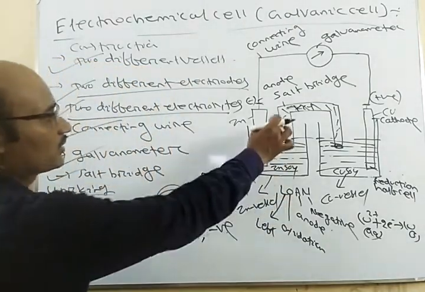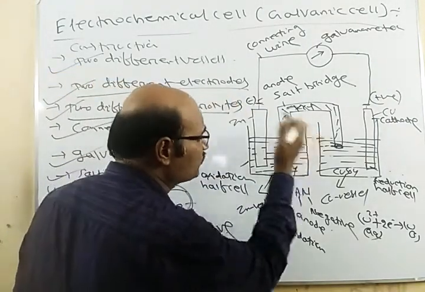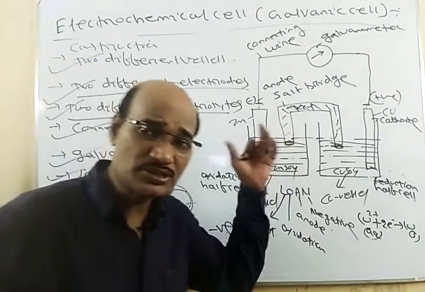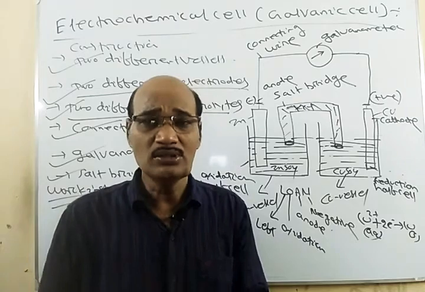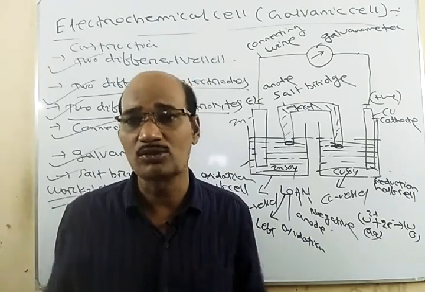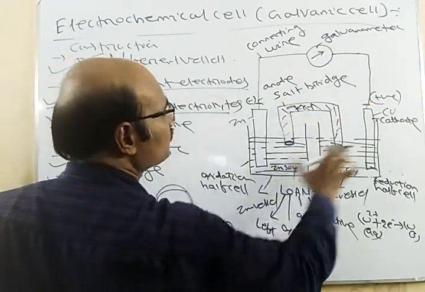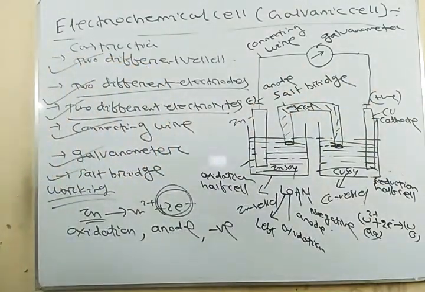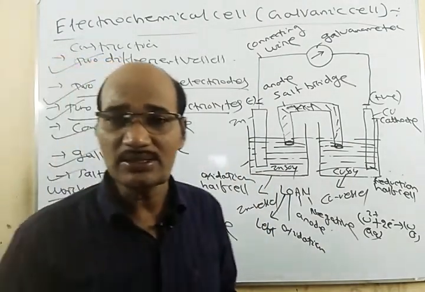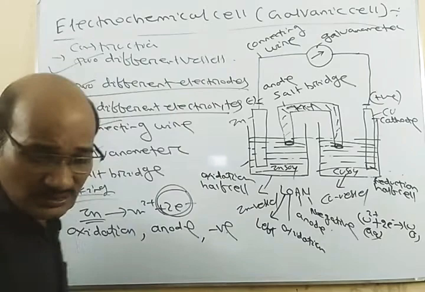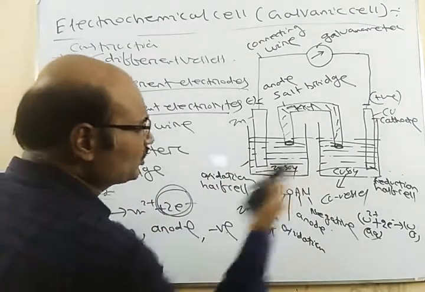This is the working of the salt bridge. If we don't have the salt bridge, the cell will start to work, but after a moment it will stop working and there is no flow of current. So the salt bridge is a must in this electrochemical cell. This is all about the electrochemical or galvanic cell. Generally we have taken the zinc copper cell.